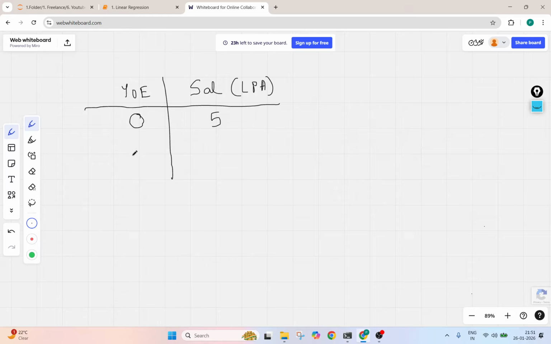Someone with 2 years of experience is getting around 8 lakhs per annum. Someone with 5 years of experience is getting around 15 lakhs per annum. And someone with 7 years of experience is getting around 21 lakhs per annum.